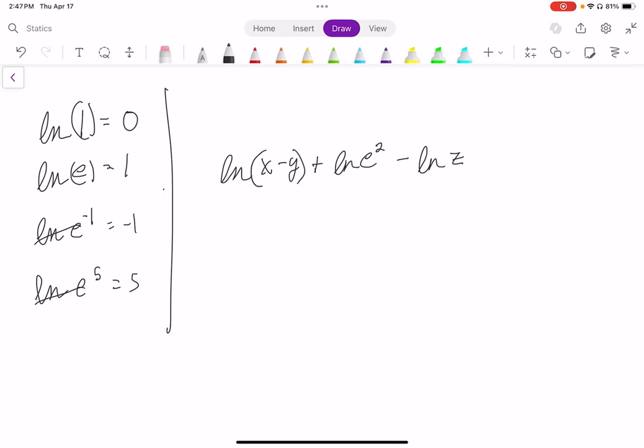Putting in parentheses down here, we can see that both of these have a plus. So our new natural log is going to be something times something divided by z. Also note that the natural log of e squared is simply going to reduce to 2.